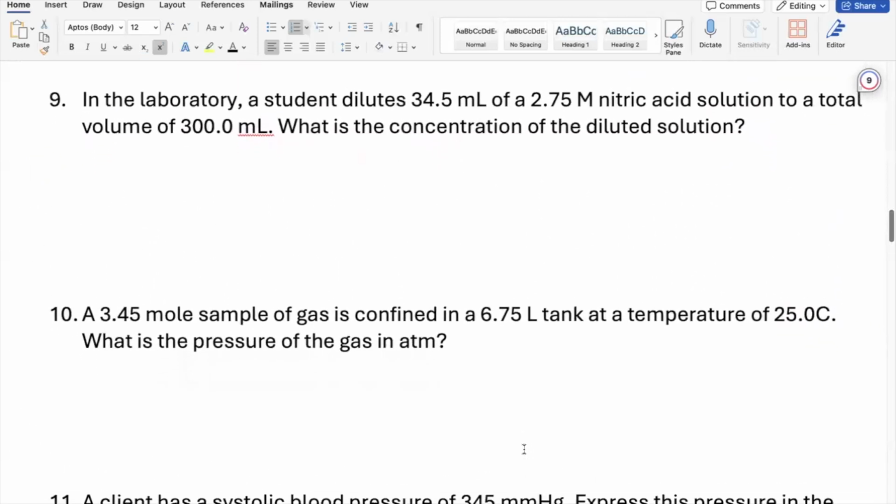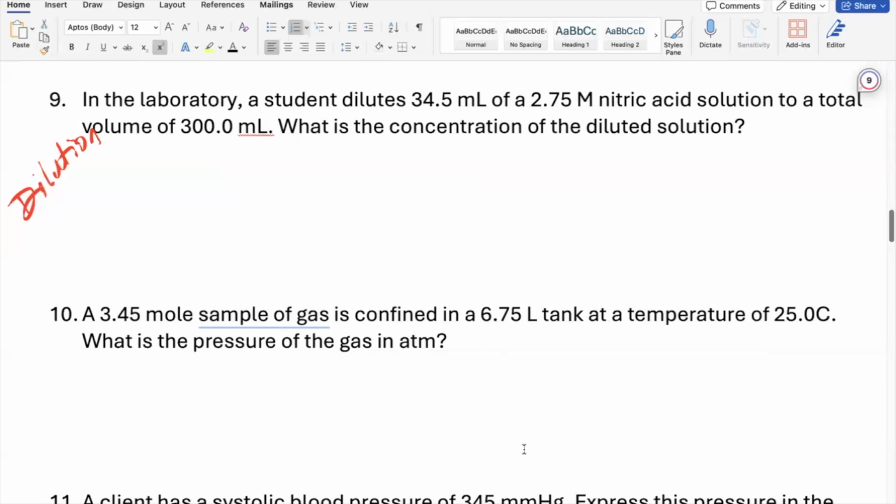Number 9 is the dilution equation. You might be looking at that and wondering, how do you know it's the dilution equation? This wording is verbatim from your test, and I just took different numbers. A couple of reasons.